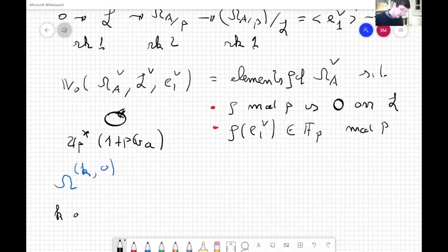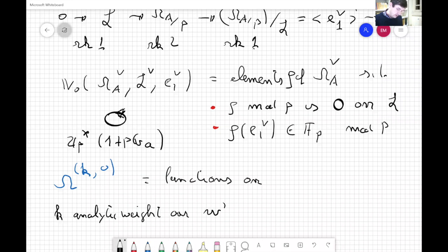So K is any analytic weight over this one-dimensional weight space that we defined in the Klingen situation. So these are the functions on this thing here.